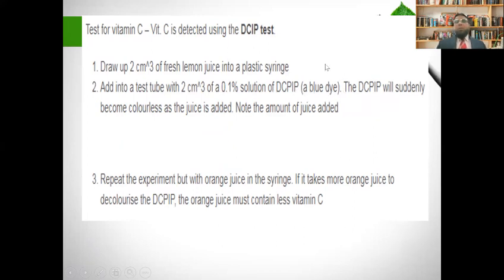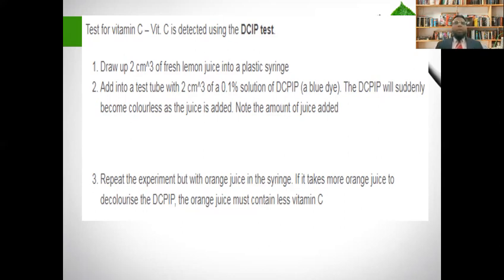You see the color of this reagent is blue. The DCPIP will suddenly become colorless as the juice is added. Note the amount of juice added. Now repeat the experiment, but with orange juice in the syringe. If it takes more orange juice to decolorize the DCPIP, the orange juice must contain less vitamin C.